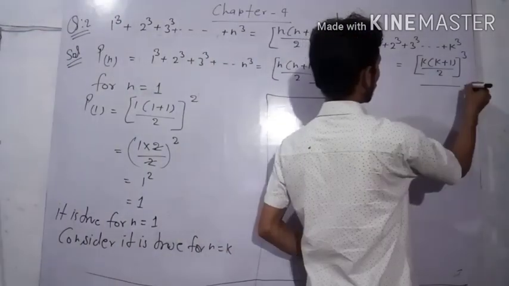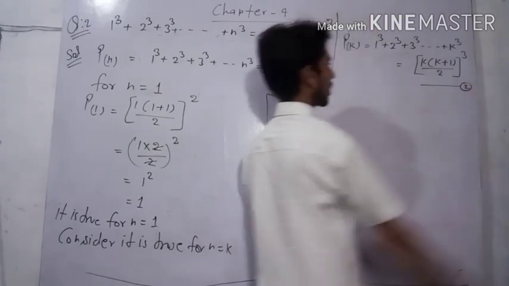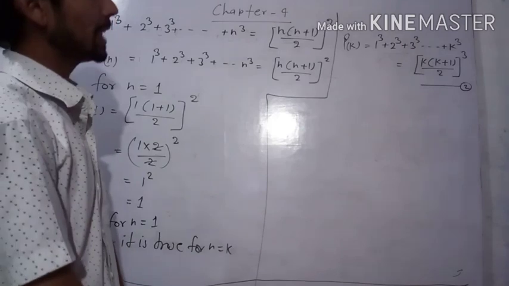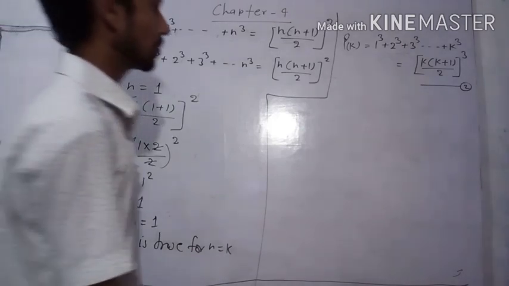This is equation 2. Now we have to prove that it is true for n equals to k plus 1.